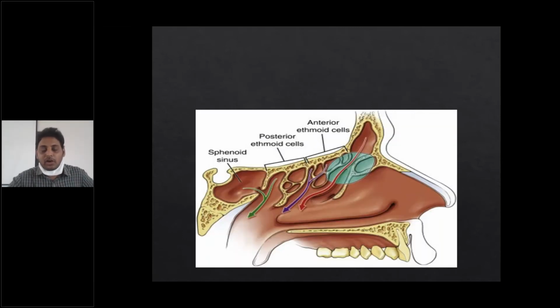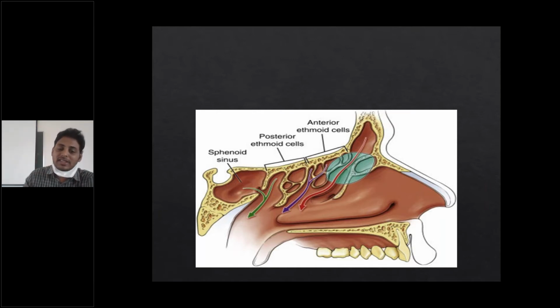The anterior and posterior ethmoidal sinuses, maxillary sinus and frontal sinus usually drain like this. Anterior ethmoid and maxillary sinus secretions usually drain anterior to the torus tubarius, which covers the lateral pharyngeal wall.